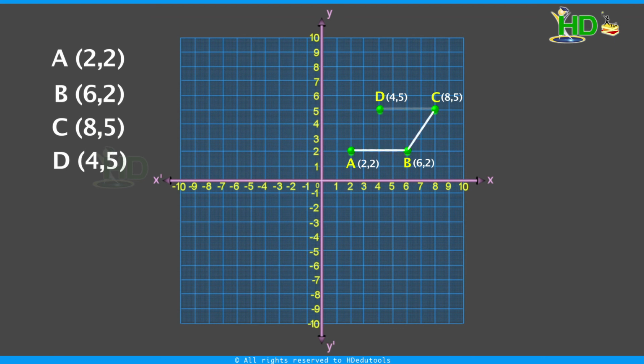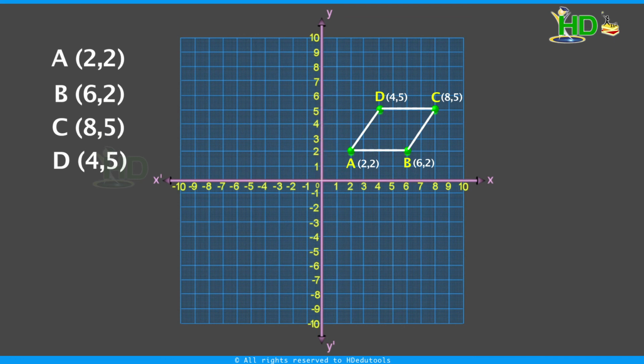Now you join all these points. What are you getting? We are getting a parallelogram. Can we find the area of this parallelogram? All the points lie in the first quadrant. Now here, this AB is nothing but 4 units. Now this is the height. How much height? 2, 5. 5 minus 2, 3.